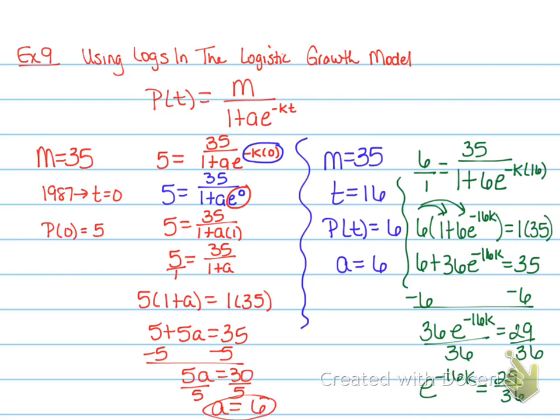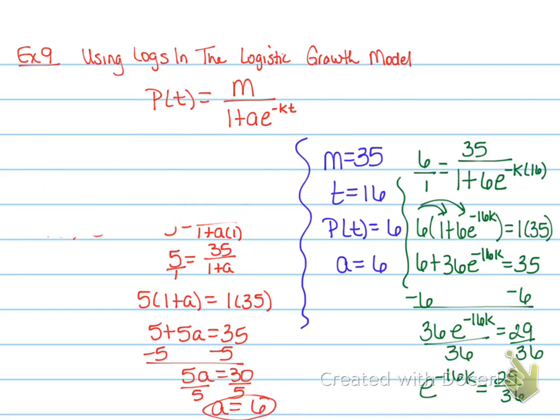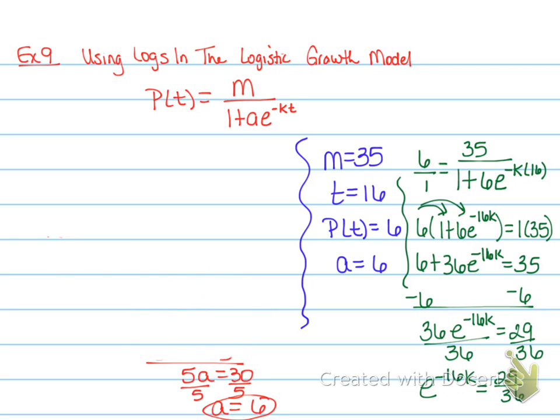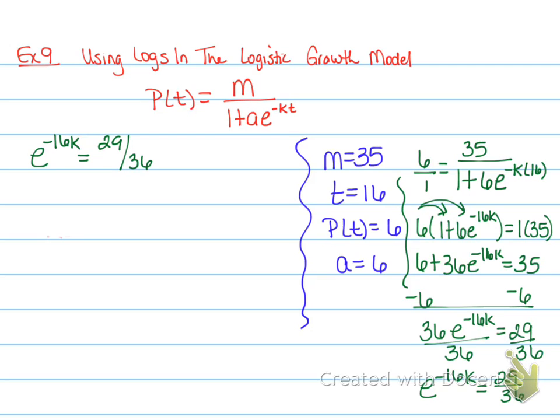All right, so I'm going to have to erase what I have over here on the left to make room. So I have e to the negative 16k equals 29 over 36.